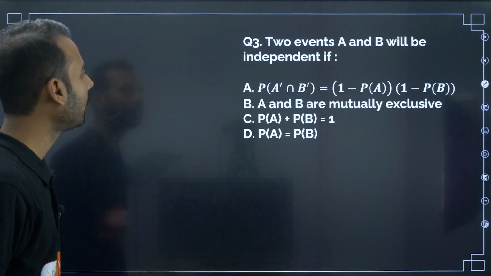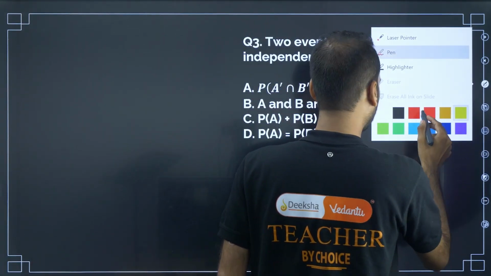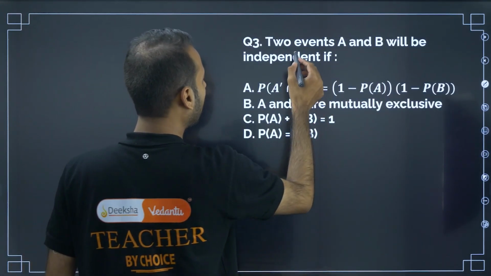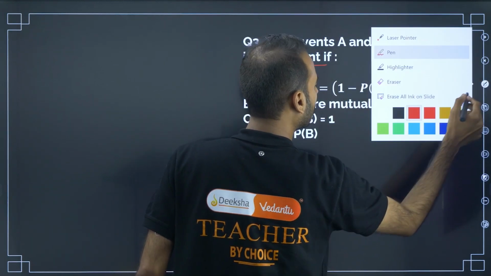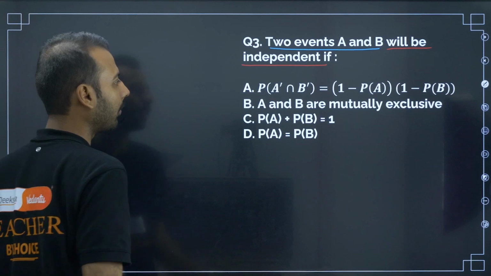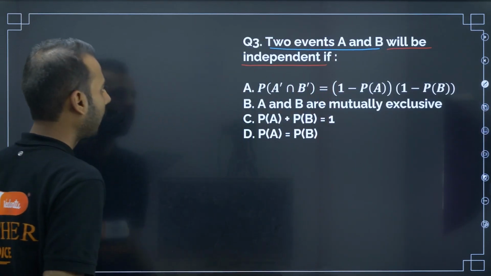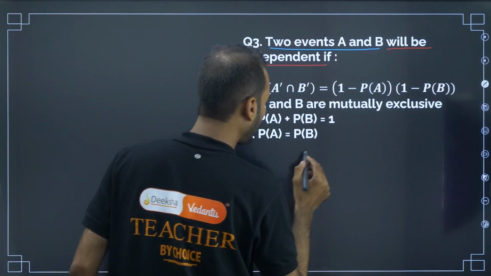Two events A and B will be independent if, so two events, what are they talking about? Two events A and B will be independent if A and B are independent. Some synopsis point you should be knowing to solve this problem.